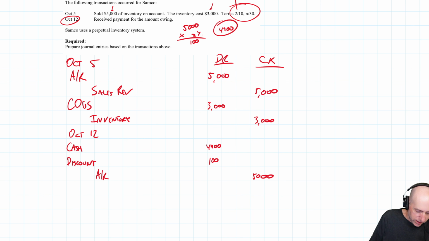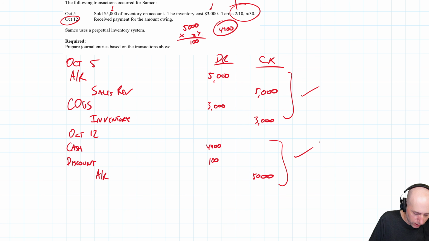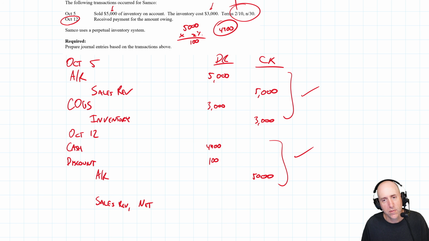Well, time to introduce a couple of new concepts. We've answered the question. This would be a correct answer. This is the journal entry for October 5th. This is the journal entry for October 12th. Correct. Beautiful job. So what's happening? Well, there's a concept called sales rev net. And if you look up your favorite company, if you look up Walmart, maybe I'll do that right now.